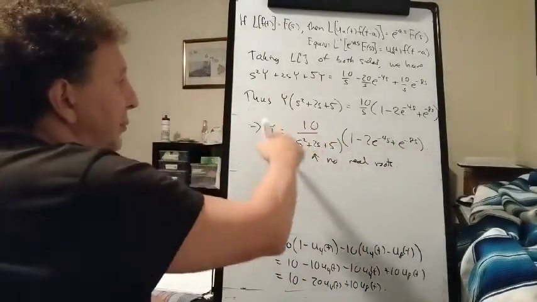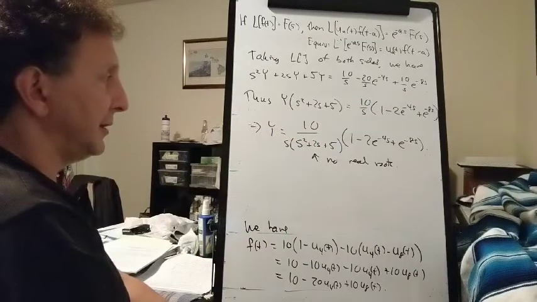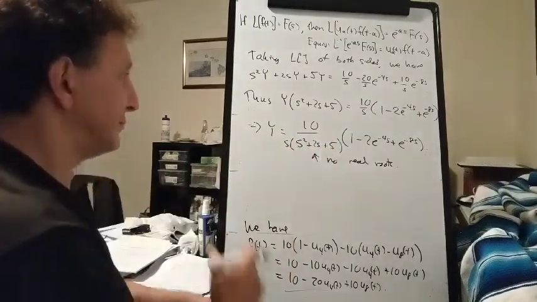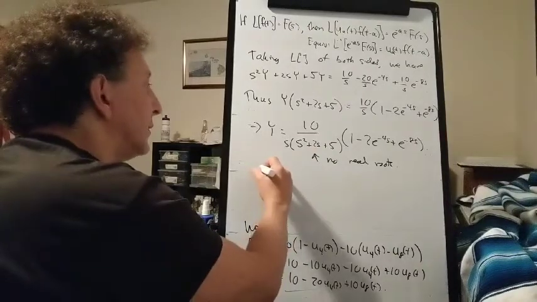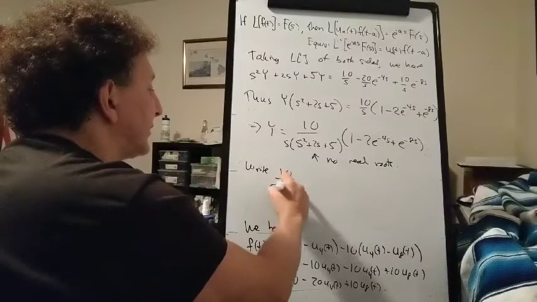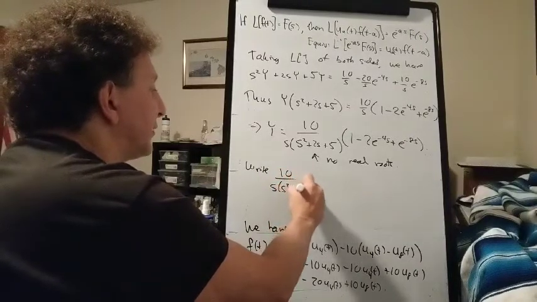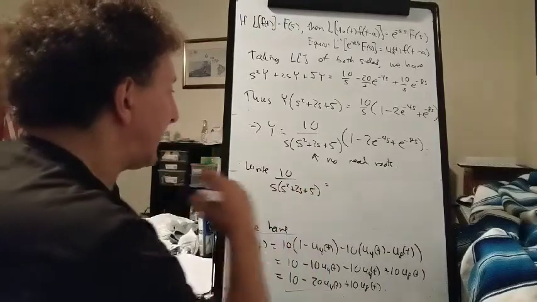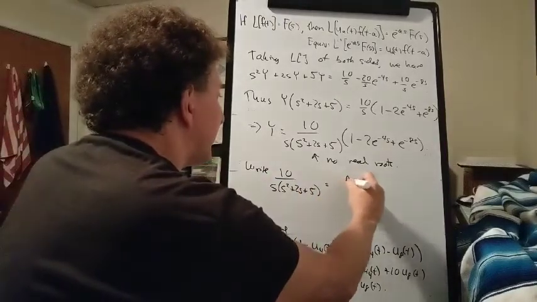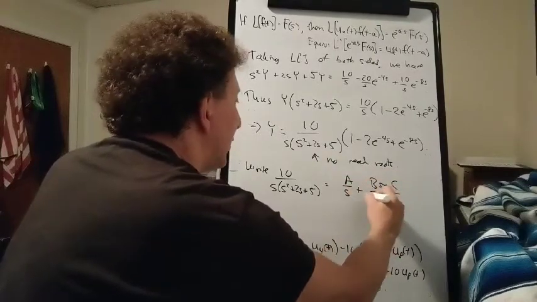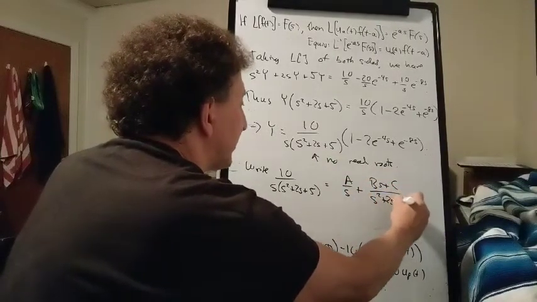So we'll use partial fractions to make this manageable. We'll write 10 over s times s squared plus 2s plus 5 equals a over s plus bs plus c over s squared plus 2s plus 5.